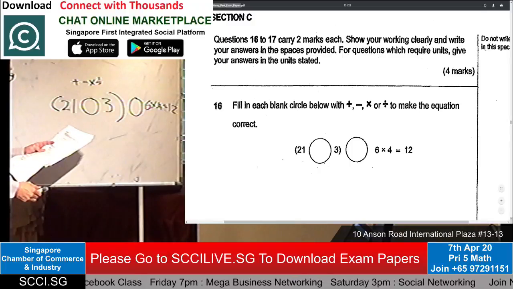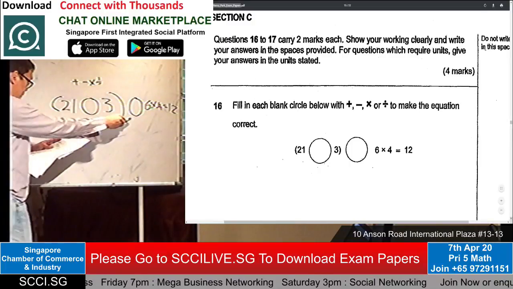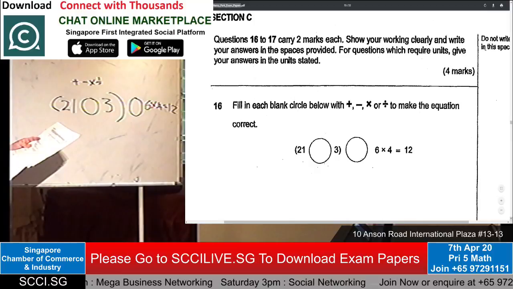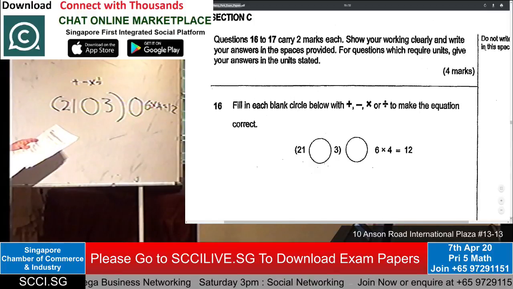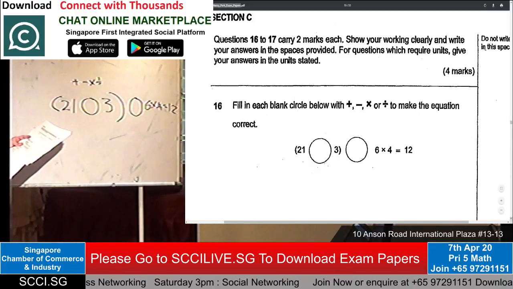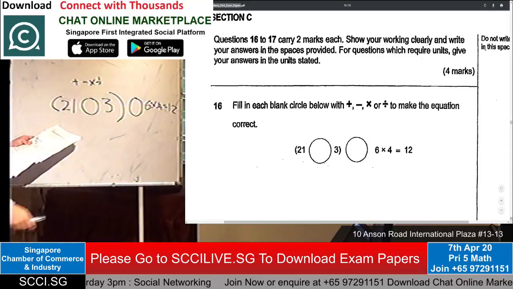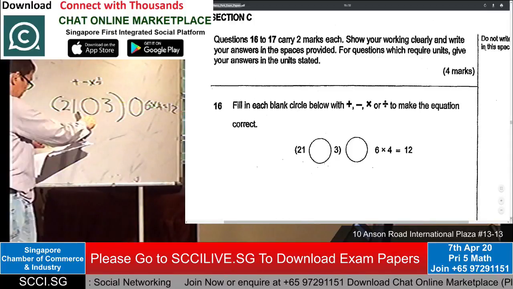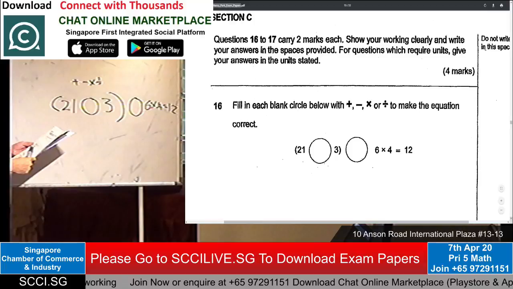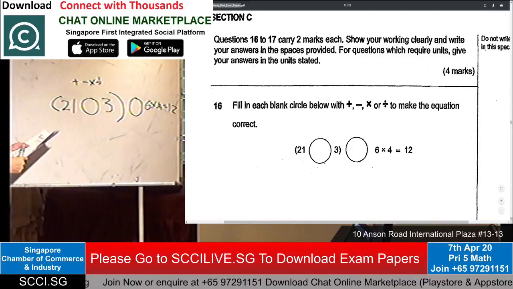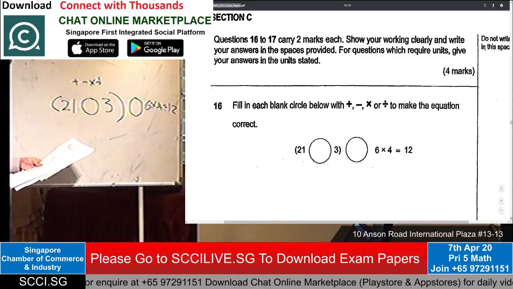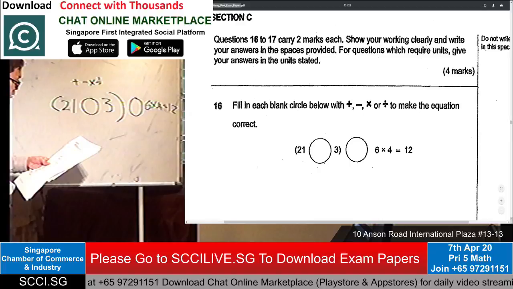So let's try this first. Now if 21, if you times 3, define the below to make the equation. Down here is 12. So you need to work out.